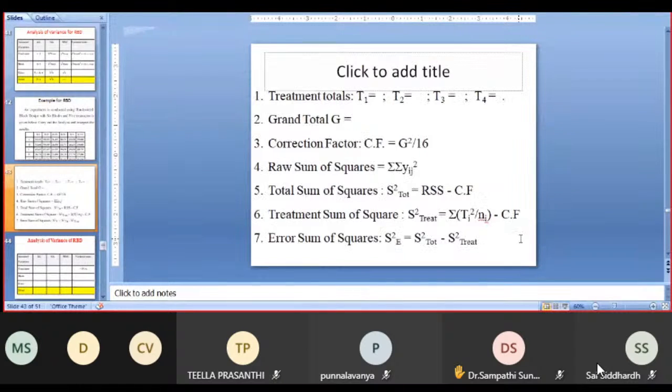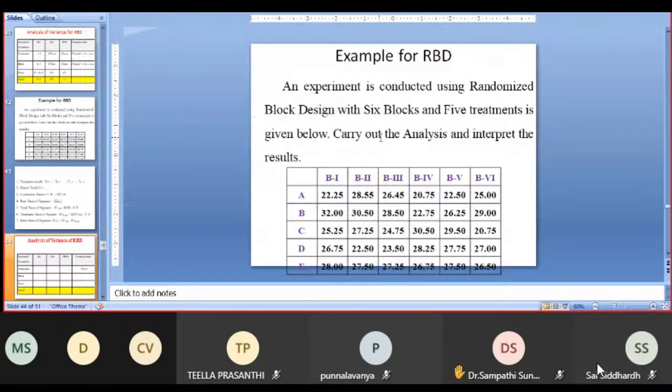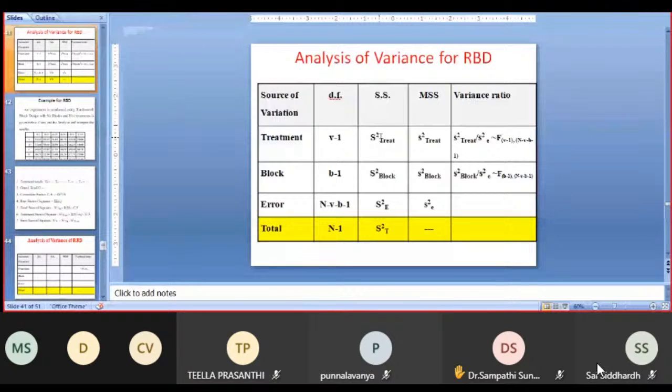Now I have calculated the totals according to the two-way classification, and you can carry out the analysis, but I have not done the problem solution here. I will show the same problems using the statistical tools in tomorrow's session, using Design Expert and also SPSS. The same problems of the RBD and LSD also I will show.